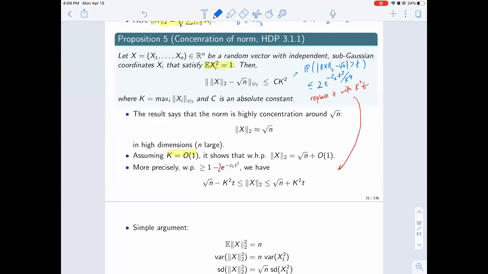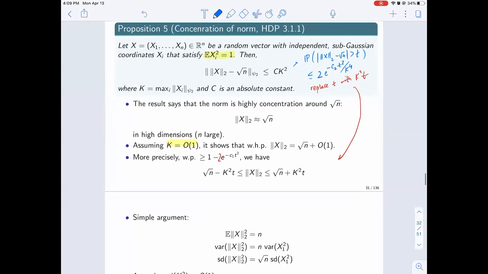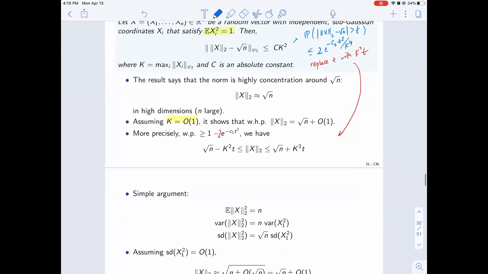So what this result is saying, you can figure out the details from the sub-Gaussian tail bounds, is that, let's say in R2, I have a circle of radius. I'm going to plot it in R2, but you have to view it as an n-dimensional plot.